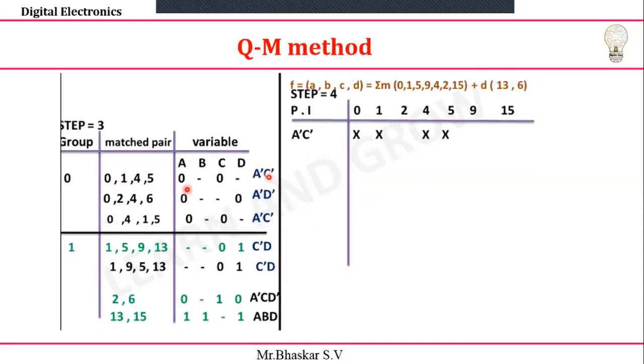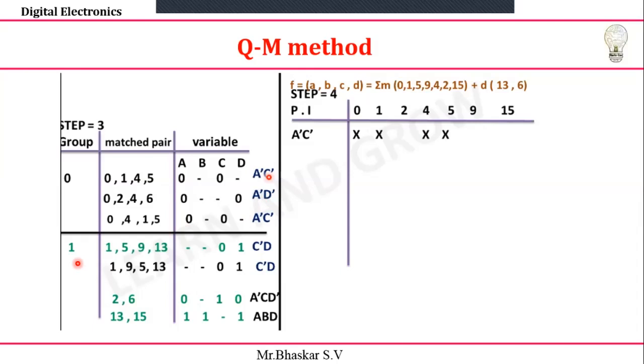First, instead of this you can take 0 1 4 5 also, otherwise you take these min terms. So a dash and c dash are the reduced product terms. A dash and c dash is the prime implicant, so what does it cover? It is 0 1 4 5, 0 you make a cross, 1 you make a cross, 4 also you need to make a cross, 5 also. Similarly a dash and d dash you have.